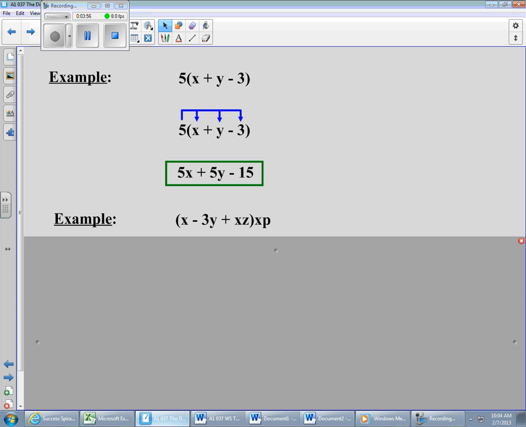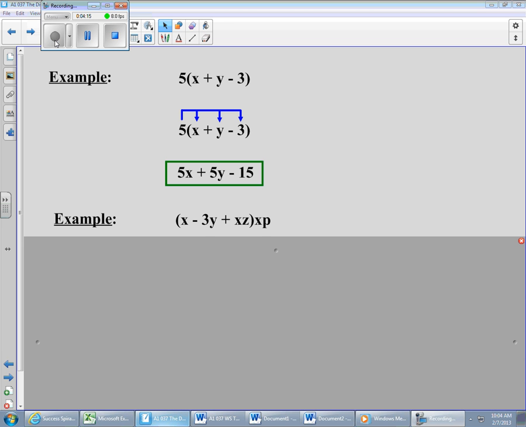Okay. What about this one? What do you think it does to the problem if the thing outside the parentheses happens to come at the end? It doesn't change anything.